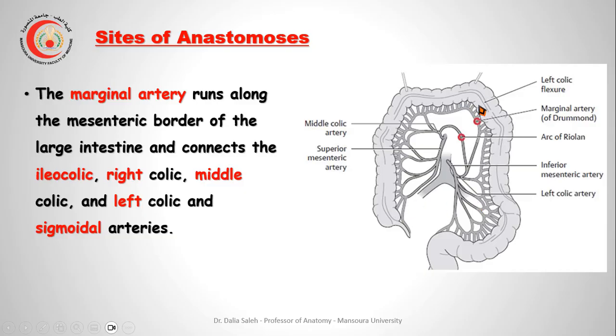So here at the transverse colon and the descending colon, we can see the anastomosis between the branches from the superior mesenteric artery through the middle colic, and the branch that supplies the rest of the transverse colon and descending colon, which is the left colic artery. It's an important anastomosis here.